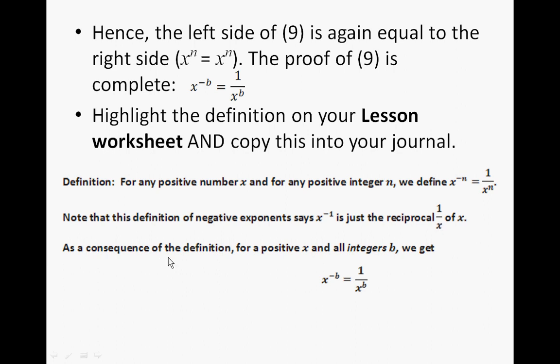So as a consequence of this definition, that means for all positive x and all integers b, we get x raised to the opposite of b is the same as 1 over x raised to the b. When you are done with this, go ahead and continue.